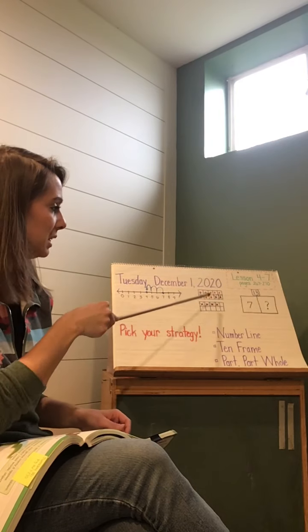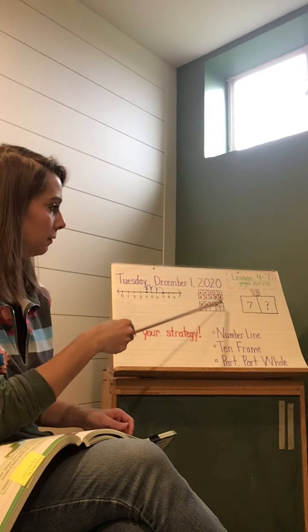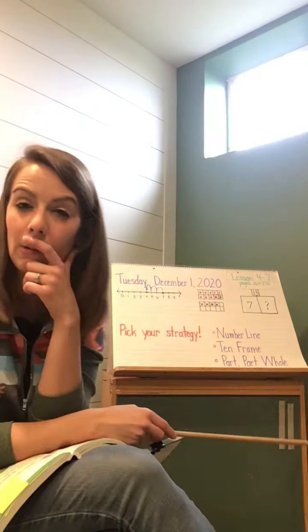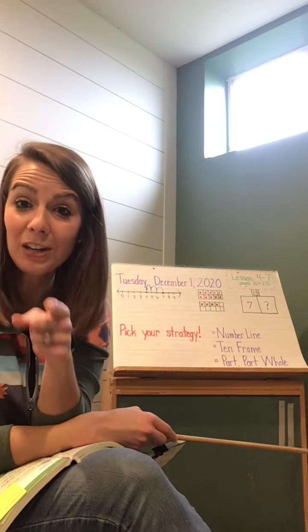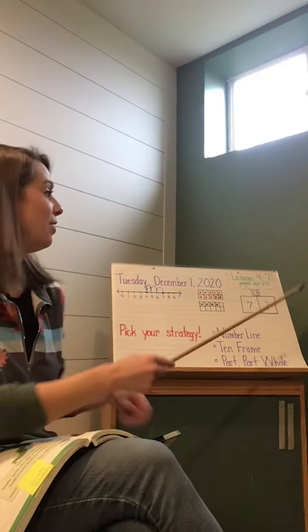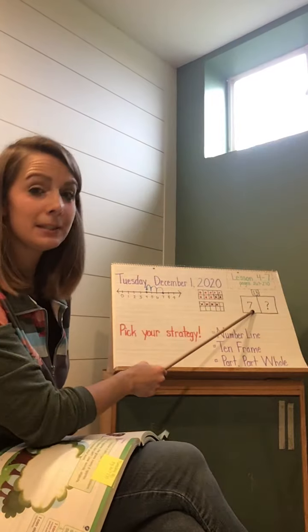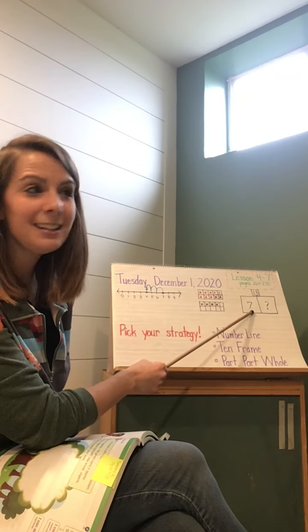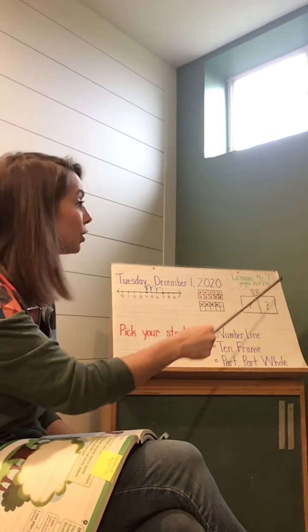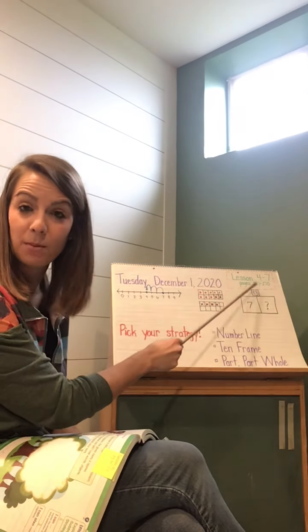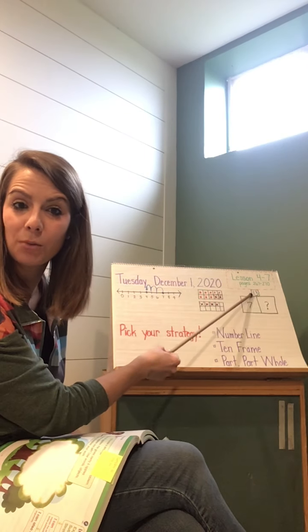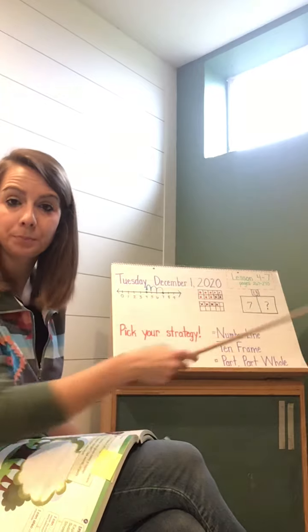It's a frame. It has 10 spaces in each frame. What's it called? Good, a 10 frame. And then over here, remember what this guy is? Yes, our part, whole mat. Remember that whole, the biggest number, goes at the top.